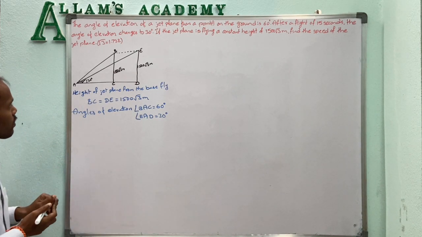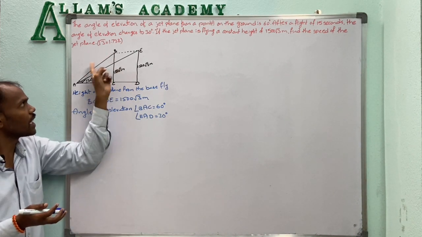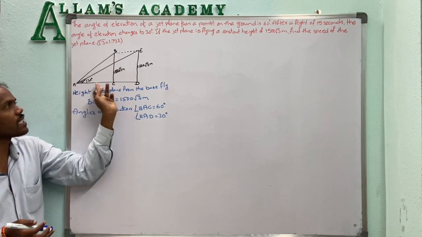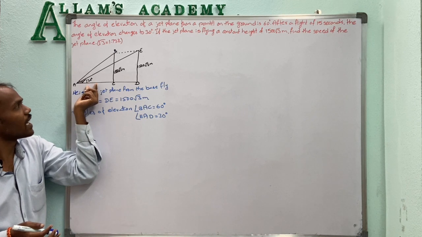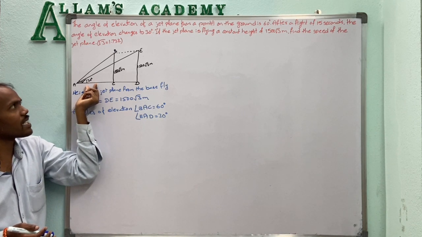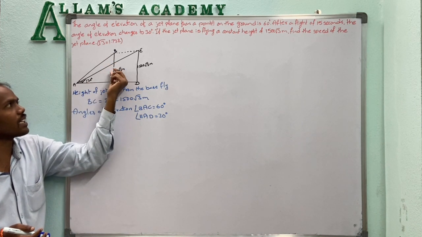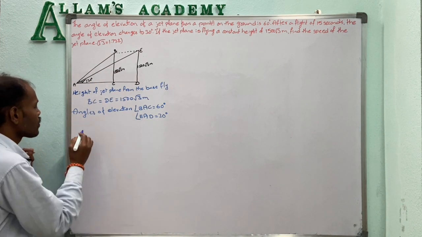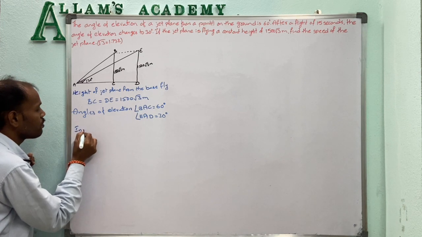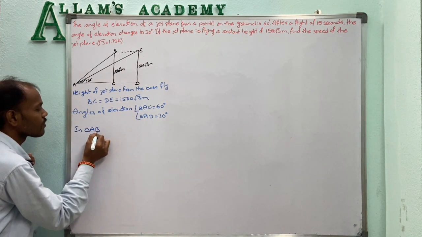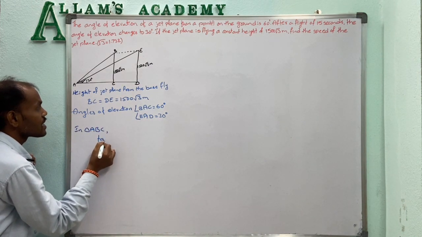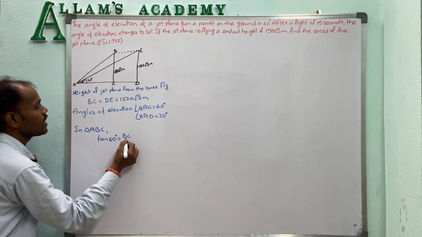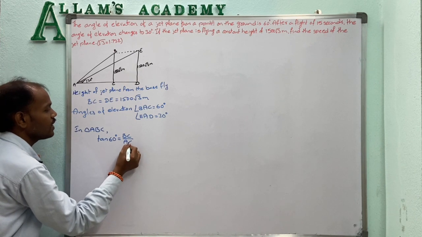For that purpose, if we observe in triangle ABC, AC is the adjacent side and BC is the opposite side, so we can apply tan. So in triangle ABC, tan 60 degrees equals opposite side BC by adjacent side AC.